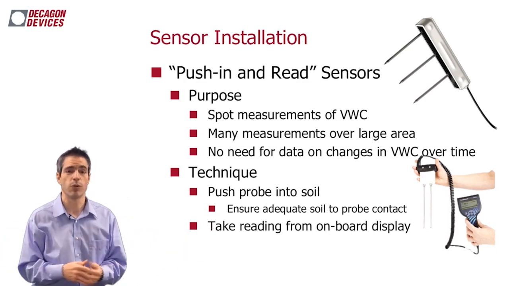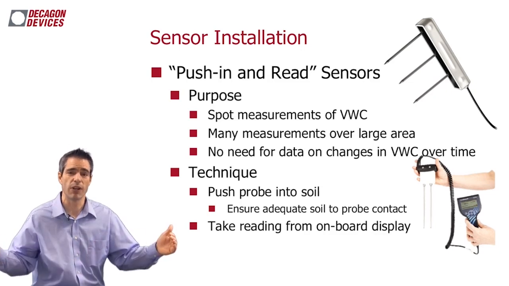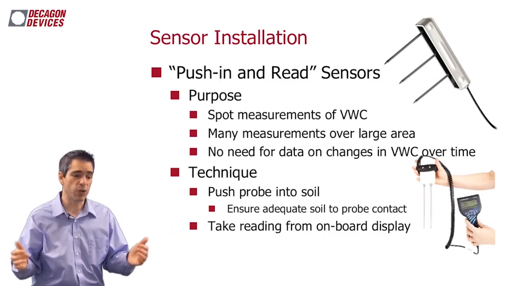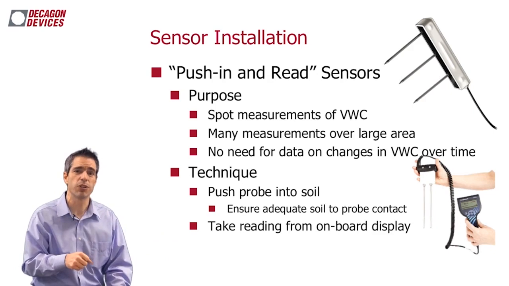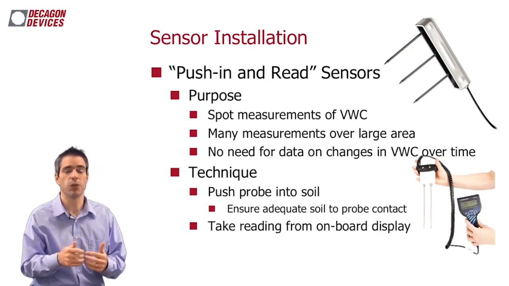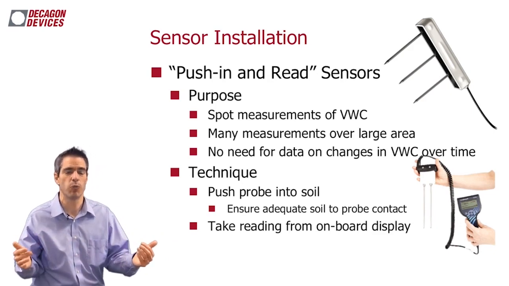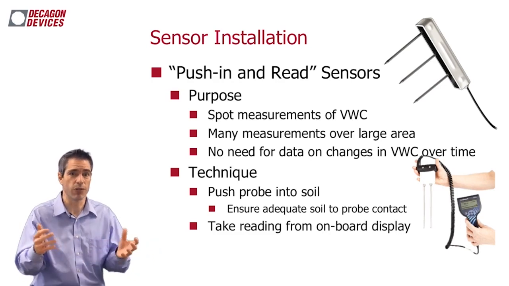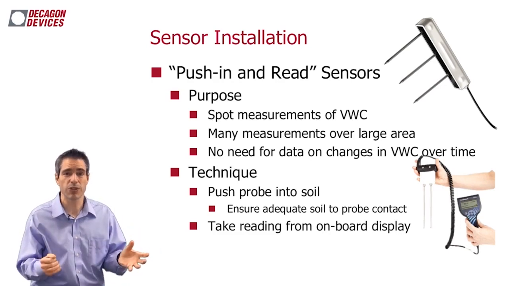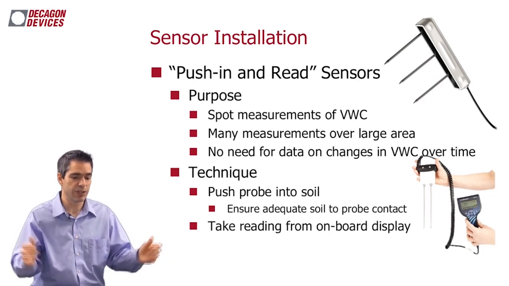And you'll find that soil moisture does just naturally vary across distance. And trying to go sample out in a field with the push and read method may give you more of the natural variation in the soil moisture there than the variation over time in what you're particularly interested in seeing as this develops.